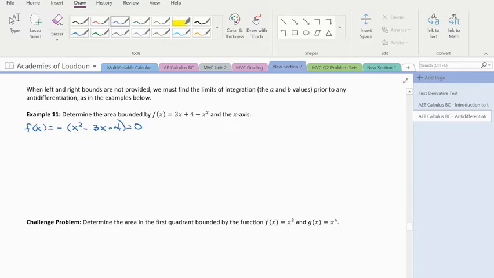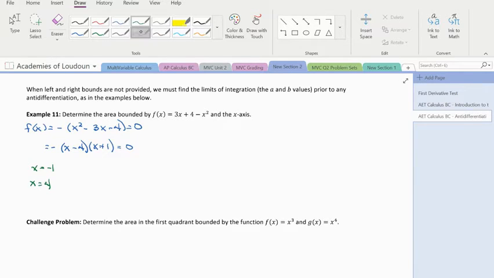And I went ahead and factored that negative out to make it a little easier to solve. So we have negative times x minus 4, x plus 1 is equal to 0, which then gives me x values of negative 1 and positive 4.